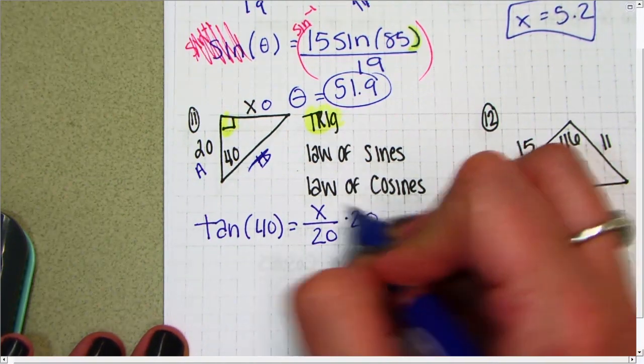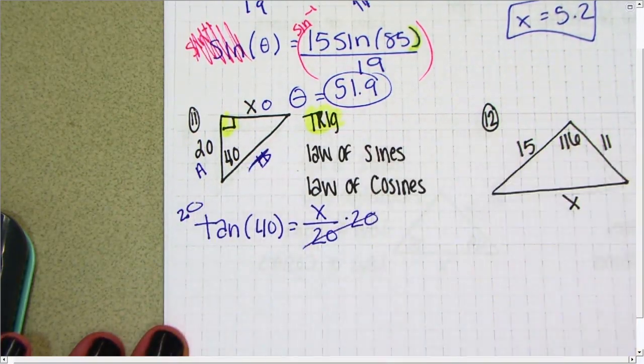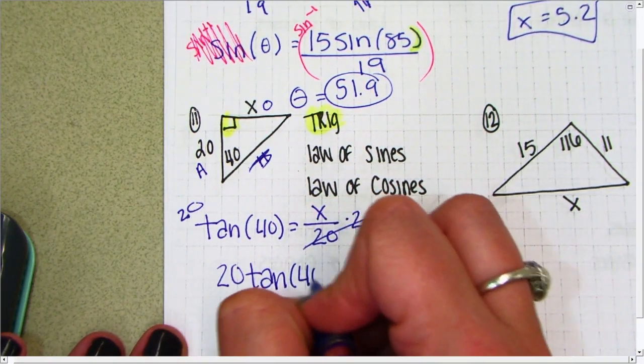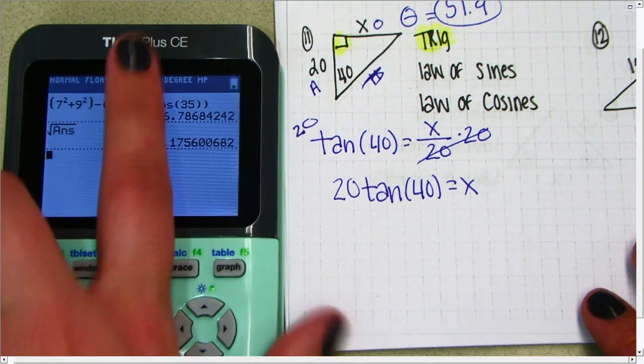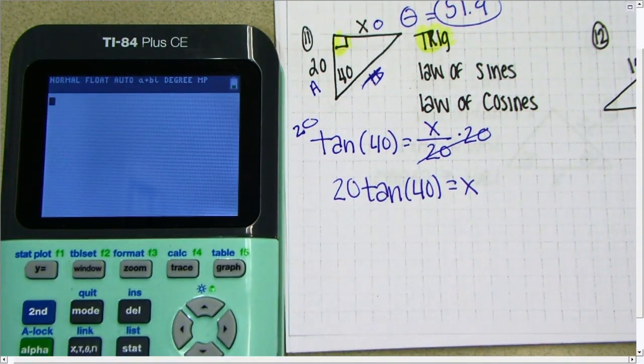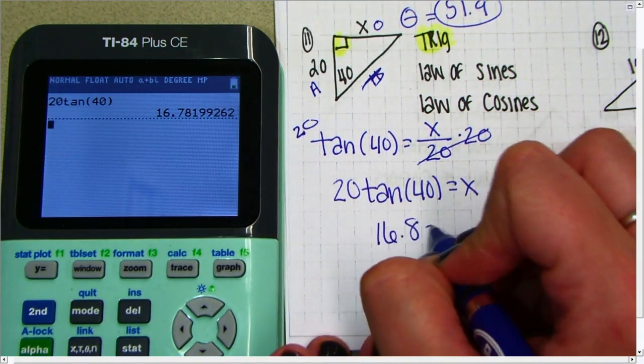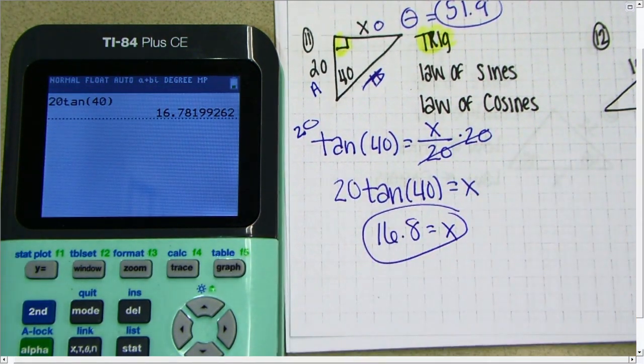I always multiply both sides by the denominator to clear the fraction. So 20 times tangent of 40 equals x. X is now isolated, which means I can type it into my calculator. So 20 tangent of 40 is 16.8 for my x value.